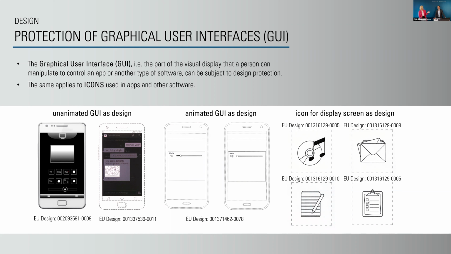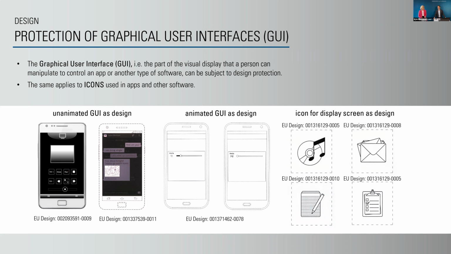You might have different pages, so do you put all that into one design application with different facets, or is each of these its own design? Each of these is its own design. Of course, the whole graphical interface can be one design, if it's presented to you as a whole, but also each icon can be an individual design.